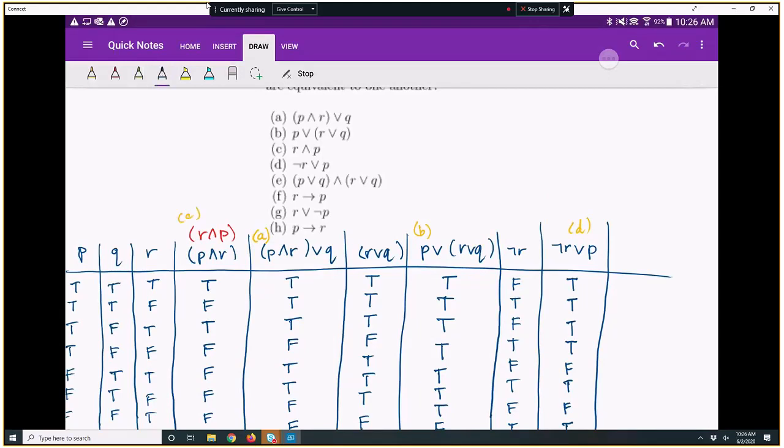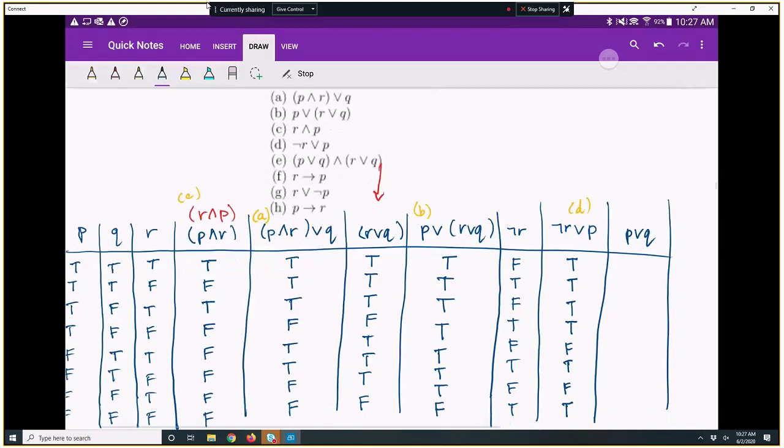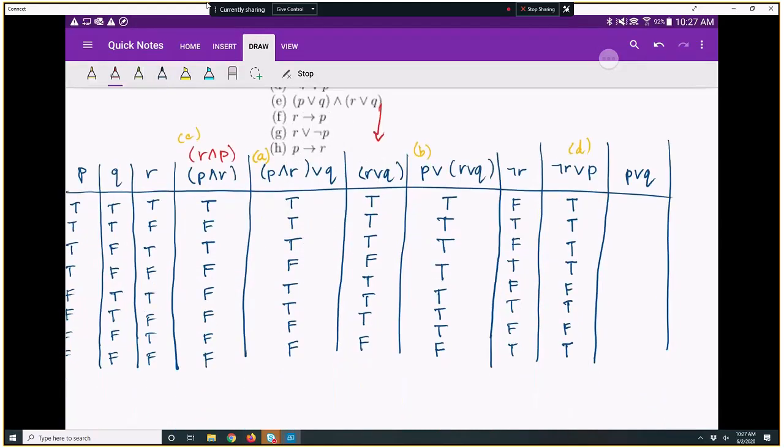Letter E, I need P or Q and R or Q. I already have R or Q here, so let's do P or Q. Then I'm looking at these two columns.